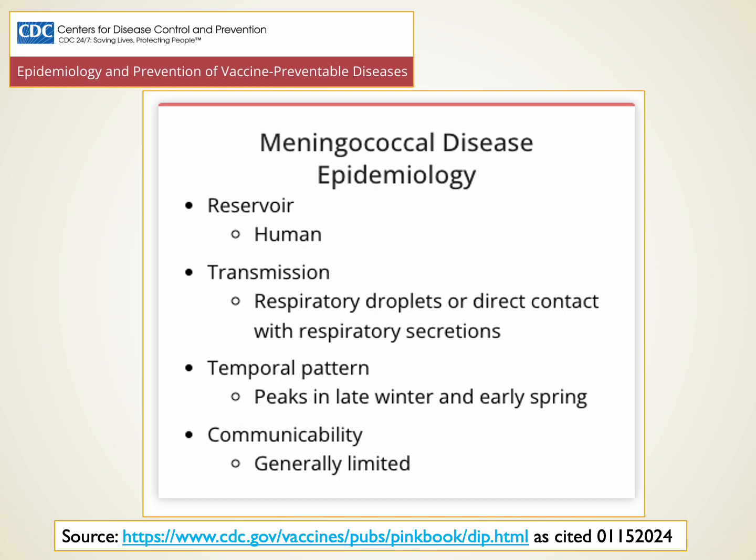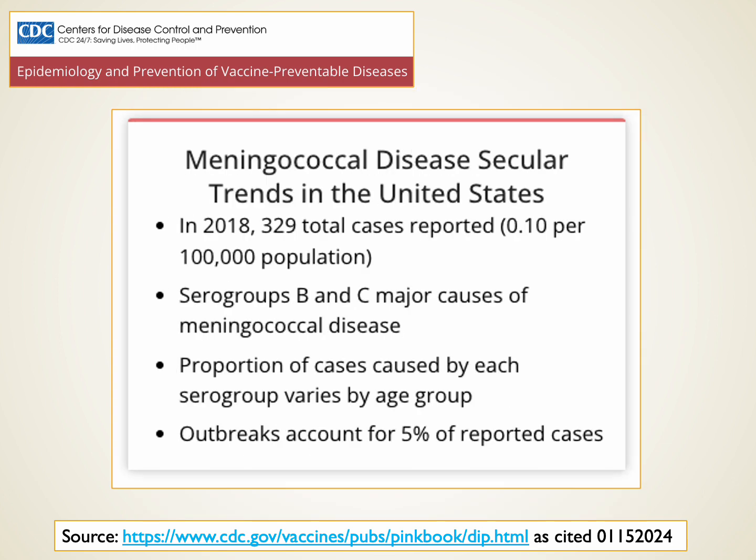Meningococcal disease epidemiology: human reservoir with respiratory droplet or direct contact with respiratory secretions. Its trends are not all that many cases, but they're serious, and there are different subgroups that cause different pathology.